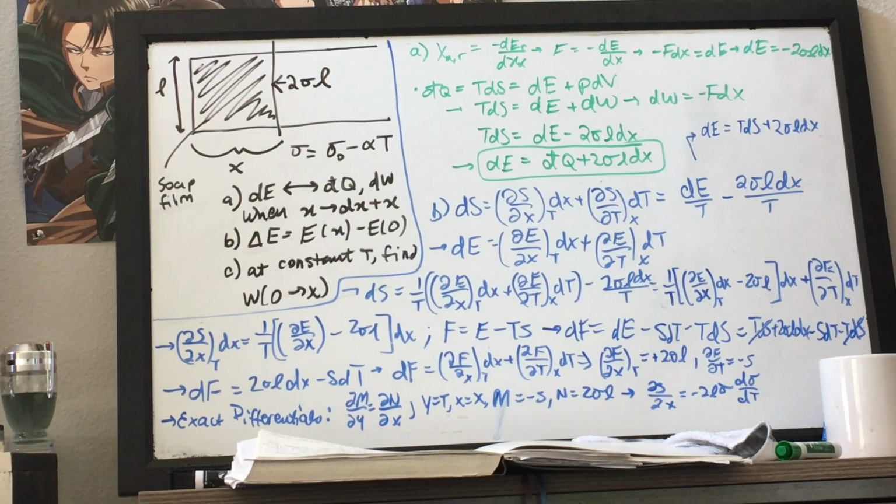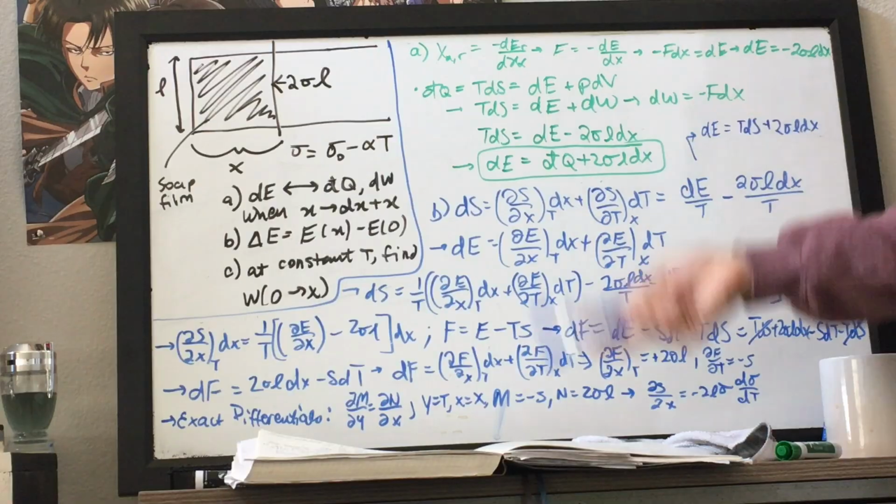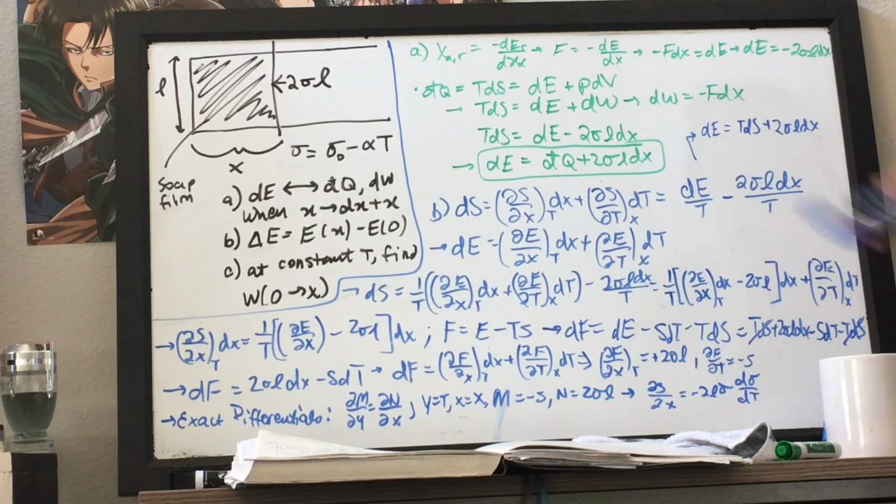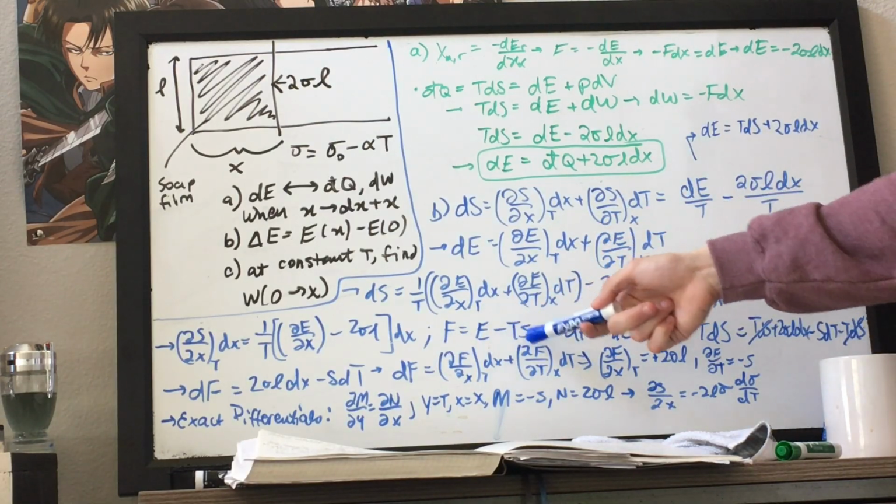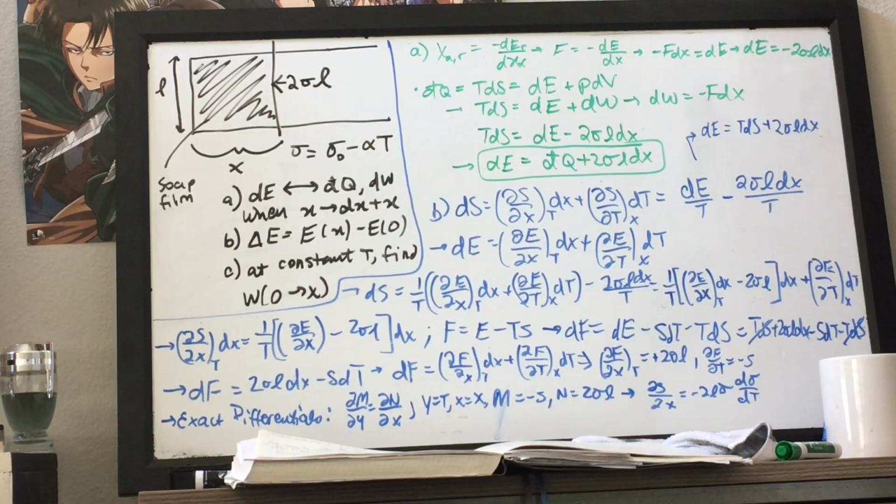So what we do is pick one of our Maxwell relations, and one that has all of the particular variables that we're looking at, namely energy, temperature, and entropy, is our Helmholtz free energy. And our Helmholtz free energy, F, is written as energy minus the temperature times the entropy, right?